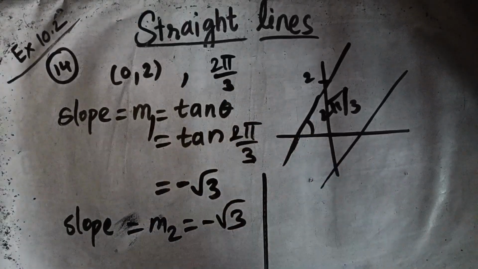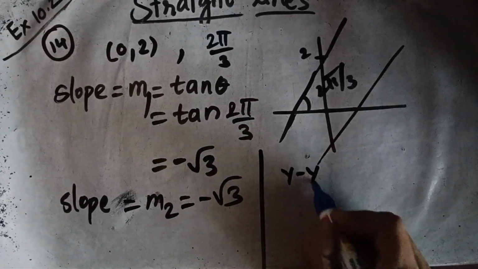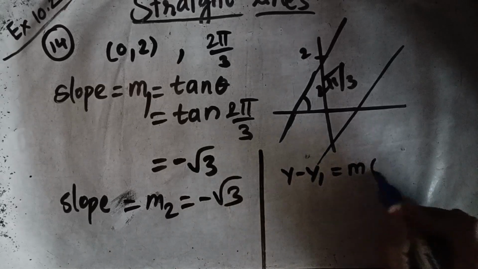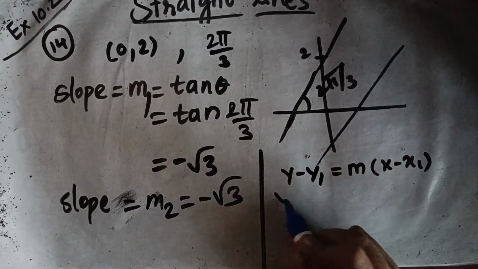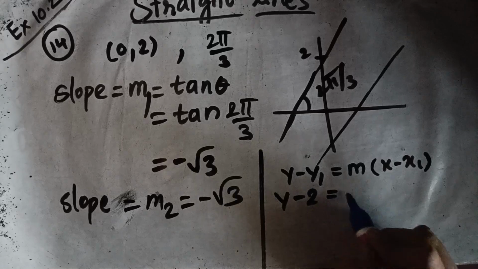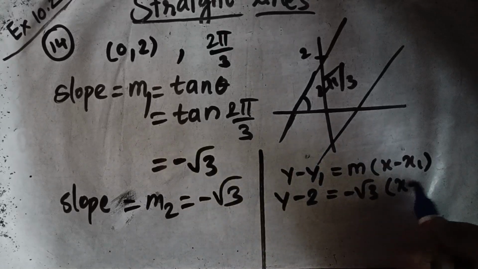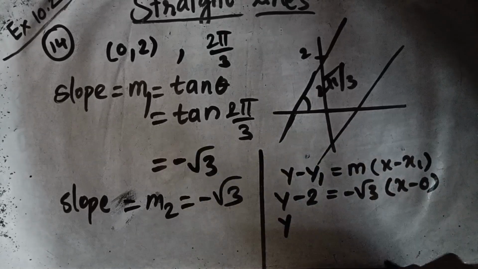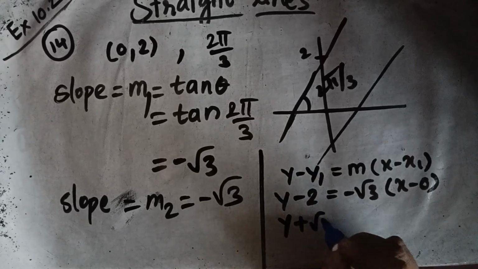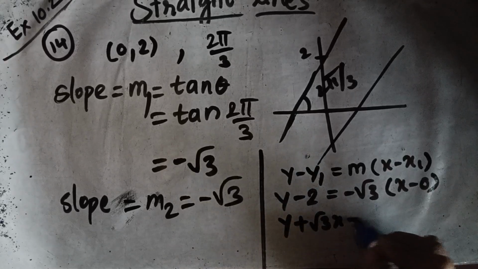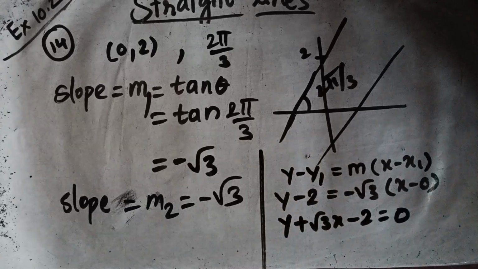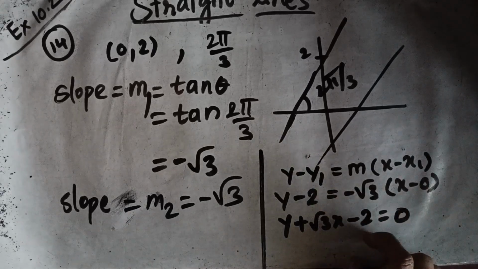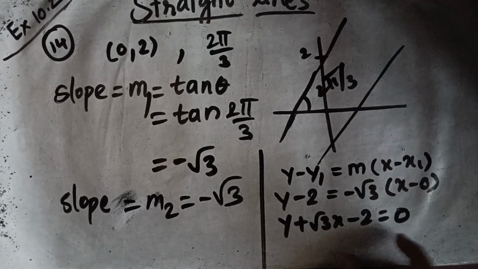So it is y minus y1 equal to m into x minus x1. y1 is 2, x minus 0. So y plus root 3x minus 2 equal to 0. So this is the equation of the line.